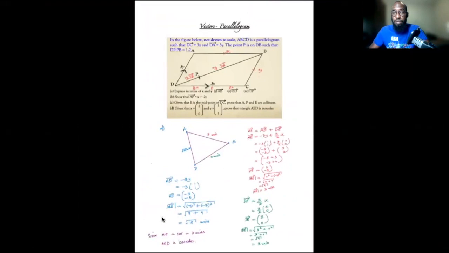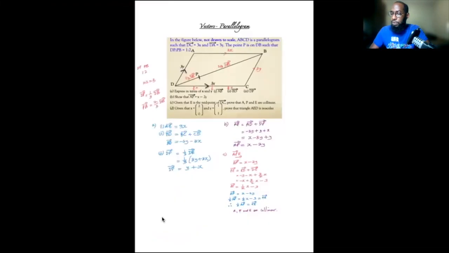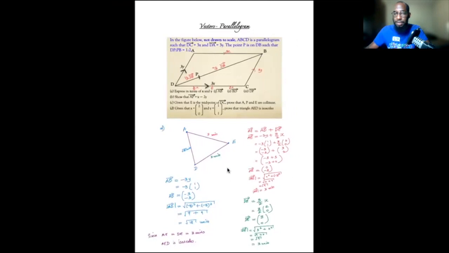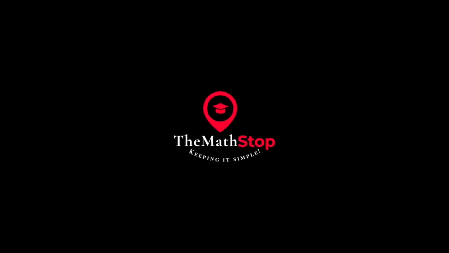This question is very long, very, very long. So this is part A, part B, part C, and this here is part D. All right, so that's it for vectors, in this case, parallelogram.